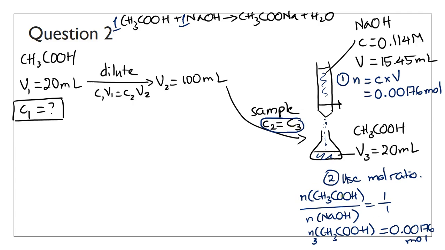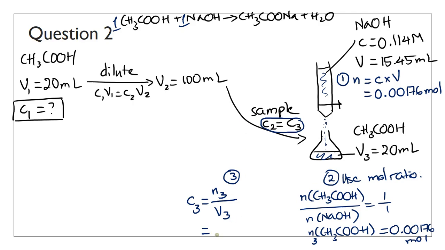So once I've found the number of mole of the solution in the conical flask, the next thing I'm going to do is find the concentration of ethanoic acid in the conical flask. So C3 is going to be N3, which you just found, over V3. Once again, please convert the volume to liter.